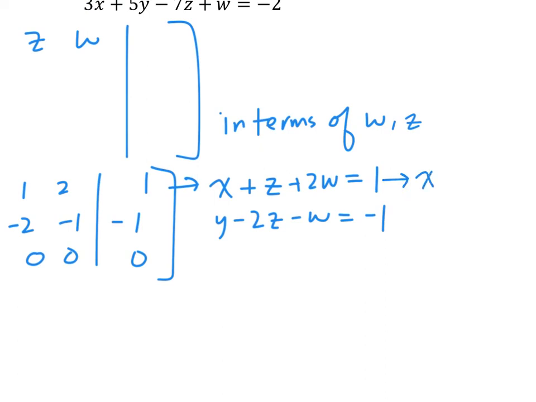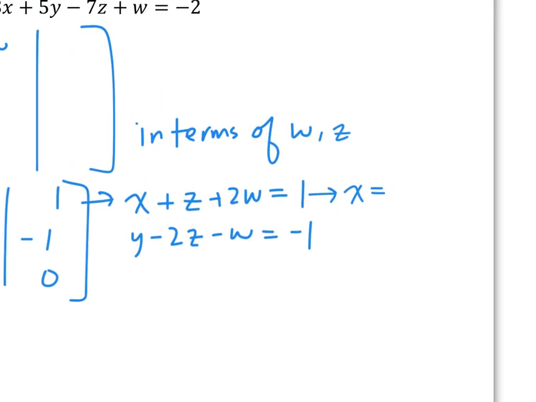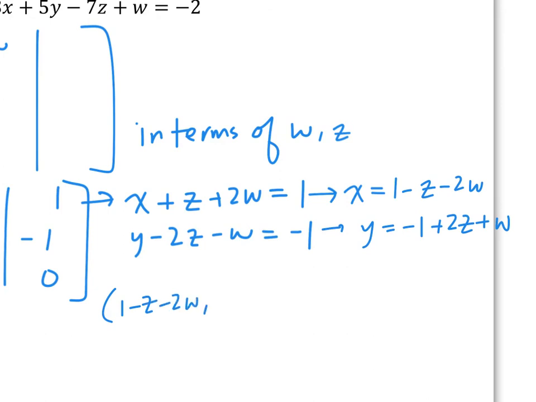So then X is depending on W and Z. That's gonna be 1 minus Z minus 2W. And then this is Y equals minus 1 plus 2Z plus W. So this is gonna be 1 minus Z minus 2W, comma, negative 1 plus 2Z plus W, comma, Z, comma, W.